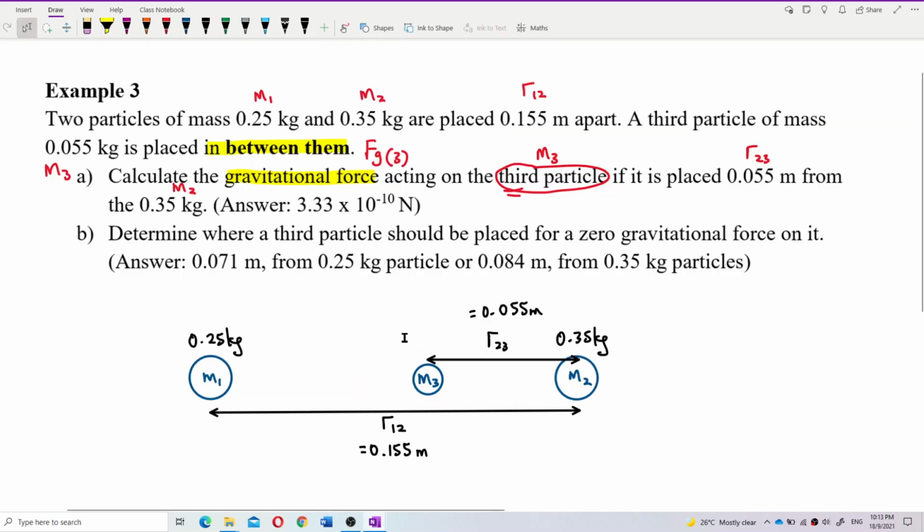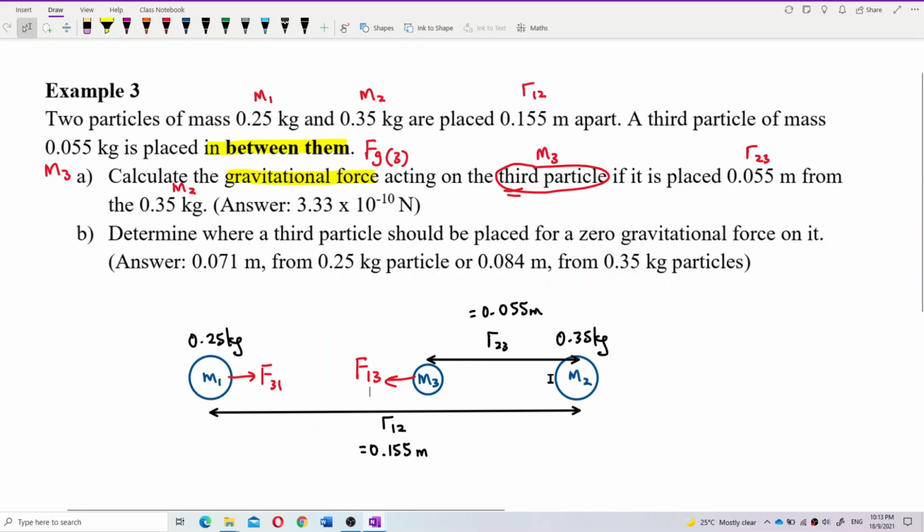So back to this one. Between any two masses, they must attract each other. Like between mass 1 and mass 3, they attract each other. We consider this one as F31, the force of 3 on 1, and this one is F13, the force of 1 on 3.